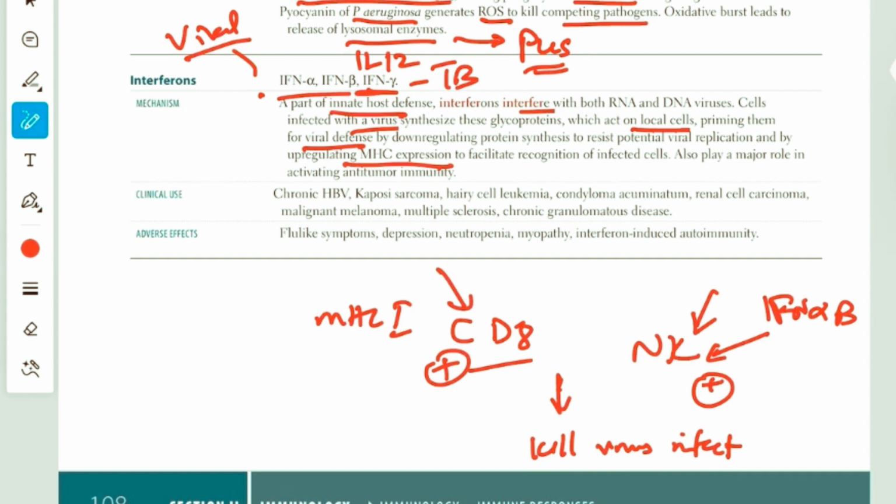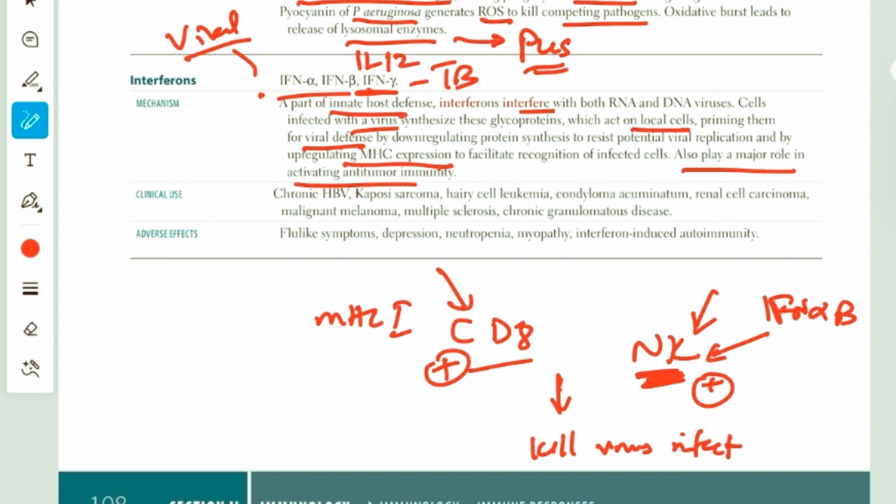We also said it plays a major part in anti-tumor immunity, in the sense that they will also stimulate natural killer cells. Once the patient has a tumor, they will produce those interferons that will stimulate natural killer cells to go out there and destroy the cancer cells.